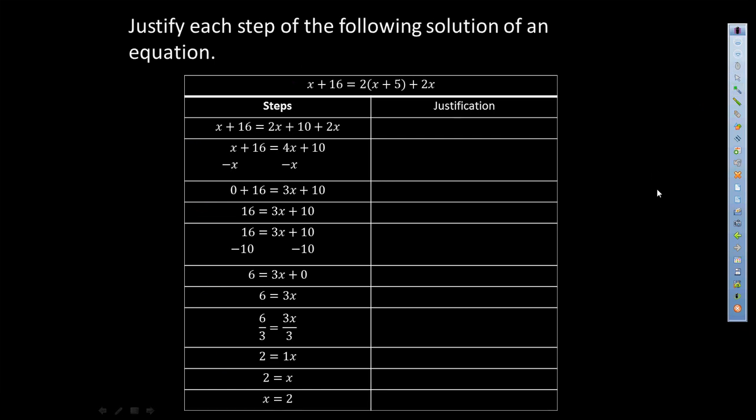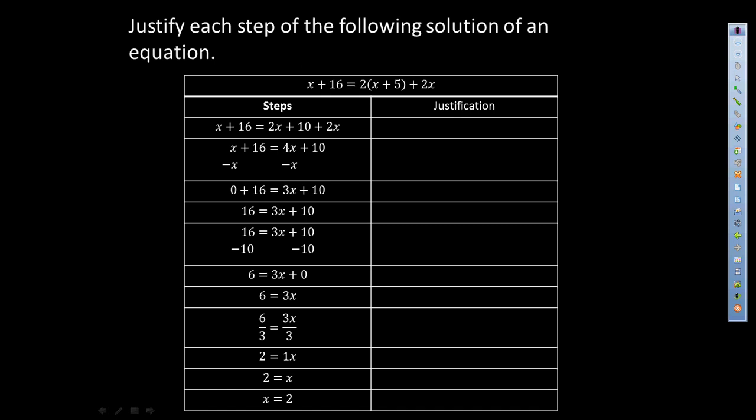Okay, so we start with the equation x added to 16 is equal to two groups of x add 5 plus 2x. So if you look under the steps column, the equation is now x added to 16 is equal to 2x added to 10 added to 2x.